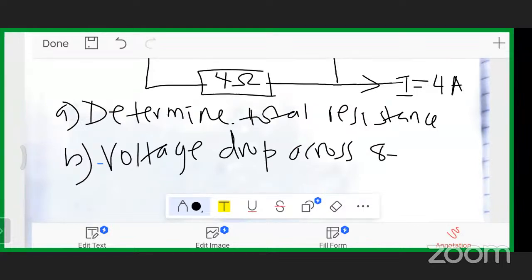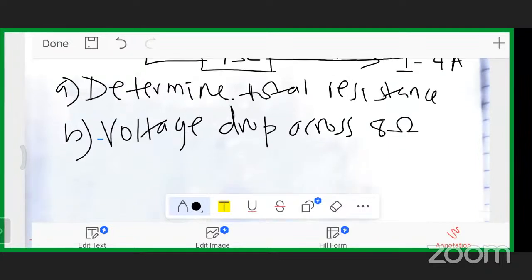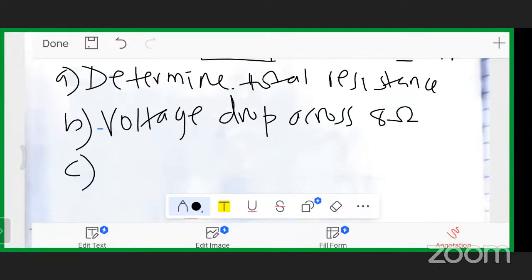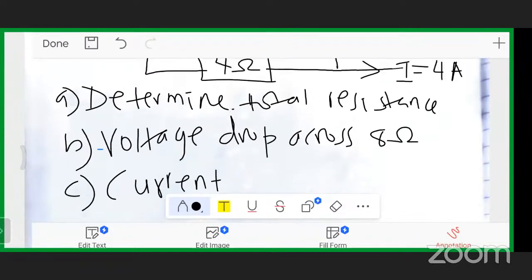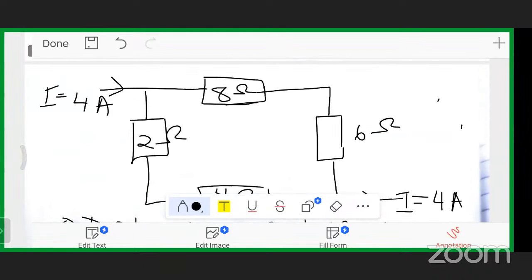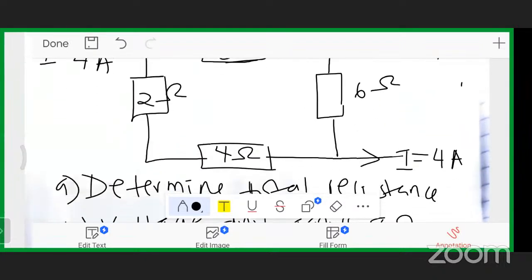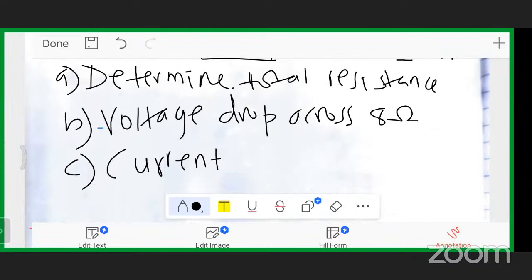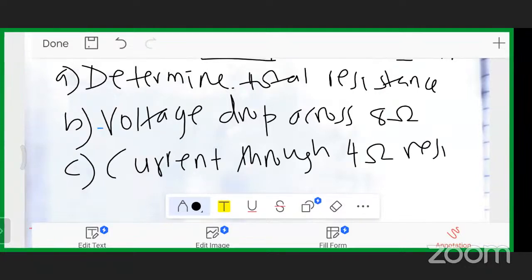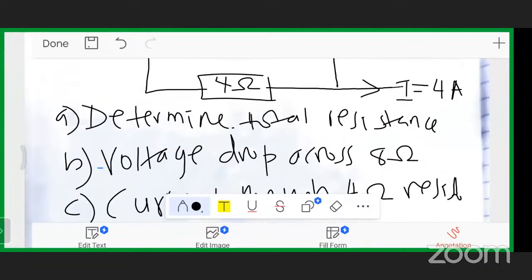Then part C, the current through the 4 ohm resistor. So you can try that, then we solve it together.